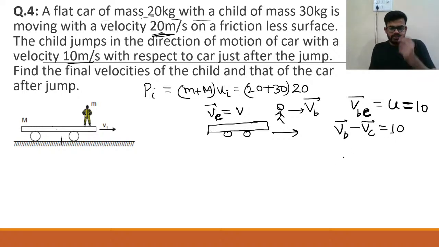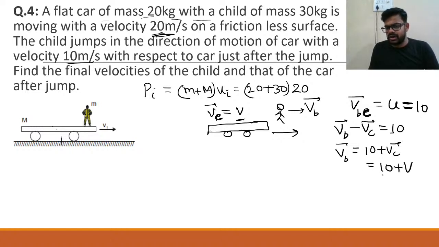Let us put the value. The velocity of the boy is equal to 10 plus Vc. The value of Vc is V, so I am writing V here. So I get 10 plus V. I got the velocity of the boy.